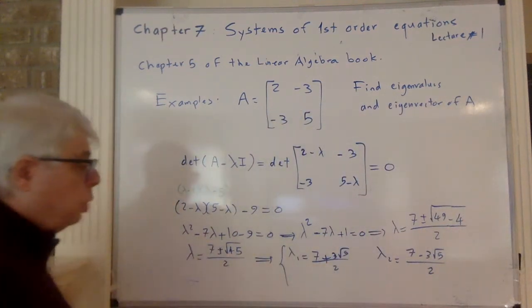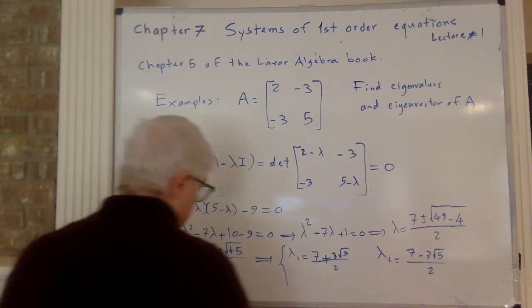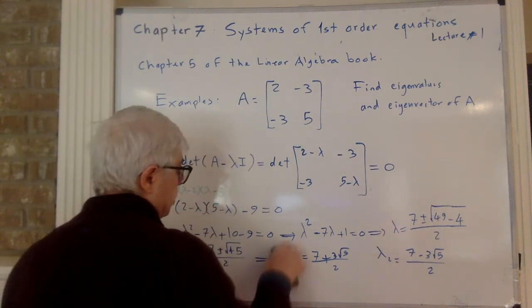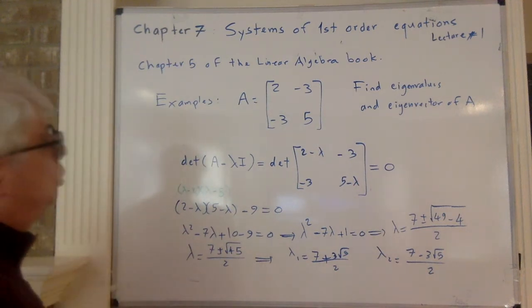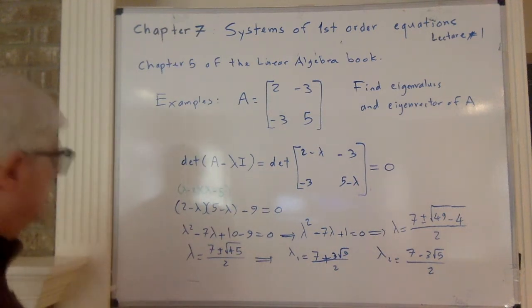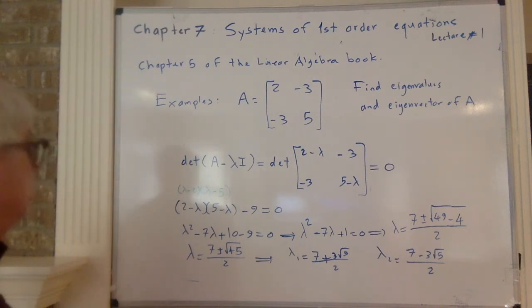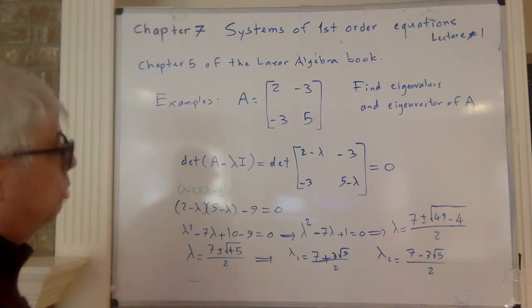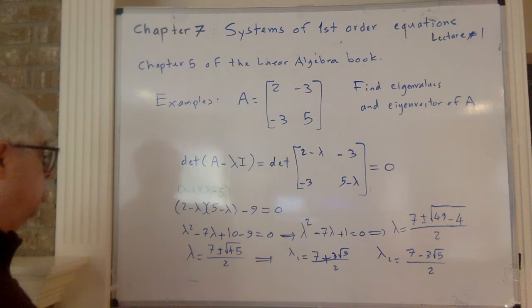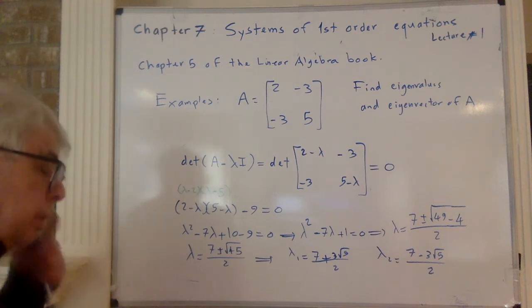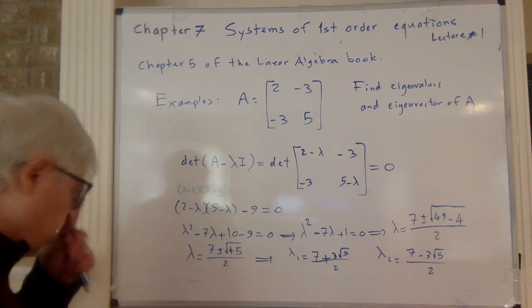So these are the 2 eigenvalues of this A. Okay, so let's double check. 2 minus lambda times 5 minus lambda, that's lambda squared minus 7 lambda plus 10, and then minus that is plus 9, minus 9. And so that is 7, minus plus 1. So I have minus 4, that's 45, and then 3, that's 9 times 5, so okay, I guess that's good.